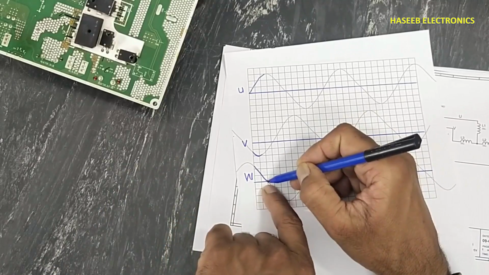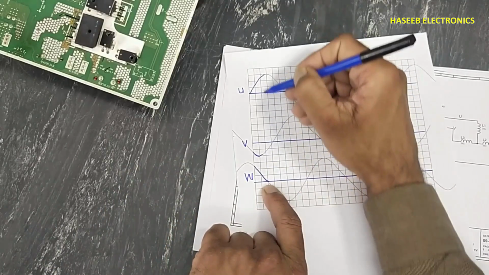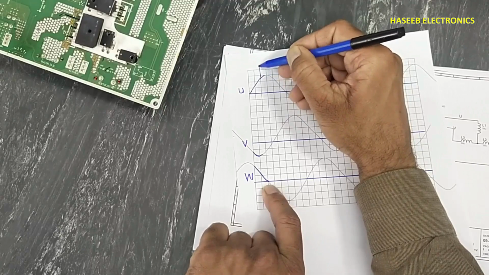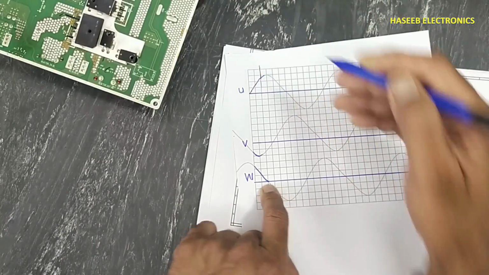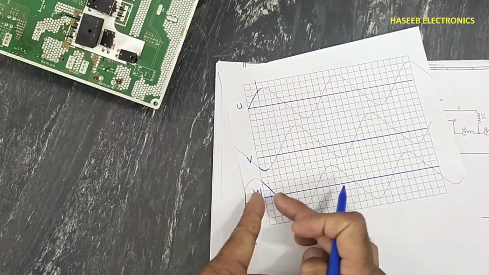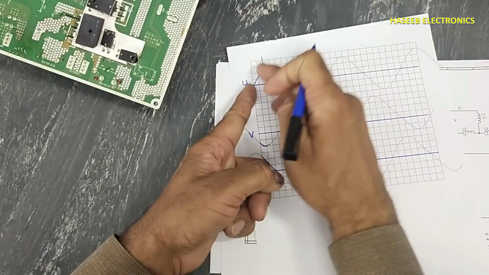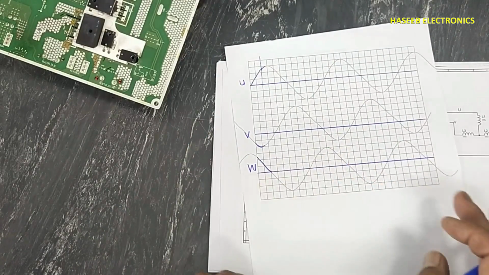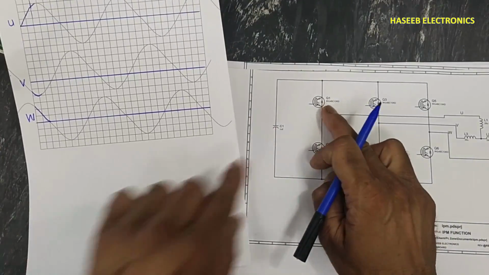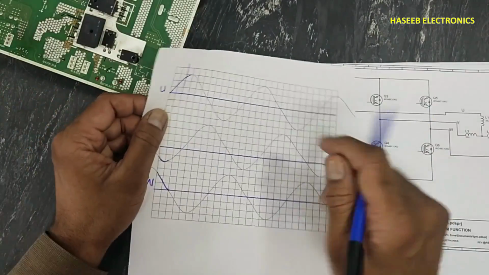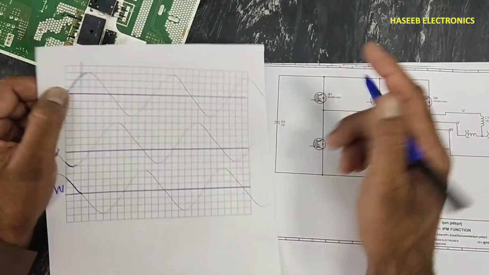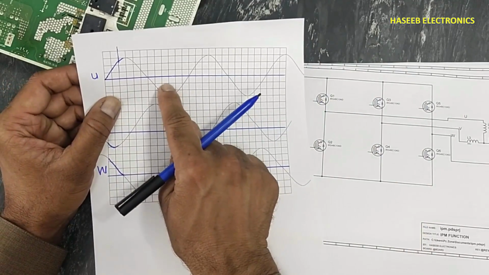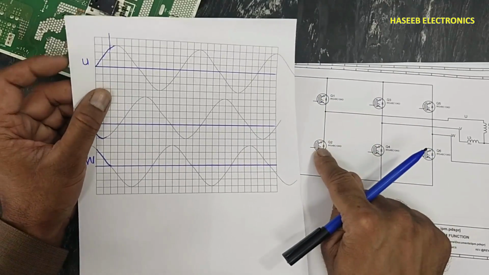And at this point, basically it is a timed signal. After this time, when U is high, W will turn off. Now this high side, U high, that means Q1. In this portion, this IGBT will switch.